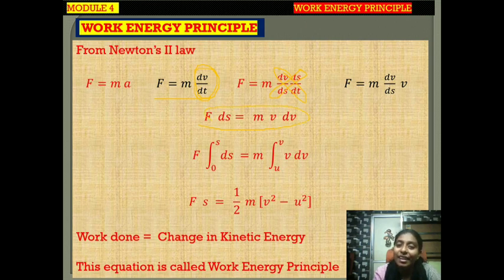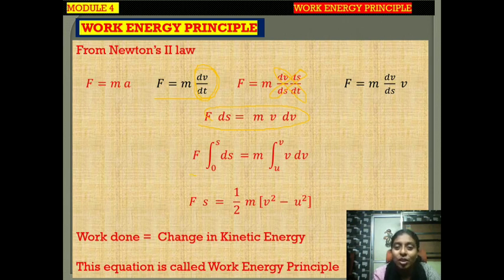Now we integrate this. The object is moved from 0 to s, with initial velocity u and final velocity v. On the left-hand side, ds goes from 0 to s; on the right-hand side the variable is velocity, from initial velocity to final velocity.